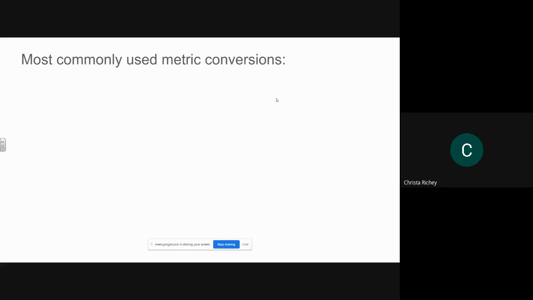Oh, well, I don't know why I double animated it. All right, so most commonly used metric conversions. It's the prefix to the base that's the conversion. These are all for meters. Okay, an M by itself is a meter. A little m and a little m is a millimeter. The prefix is milli.